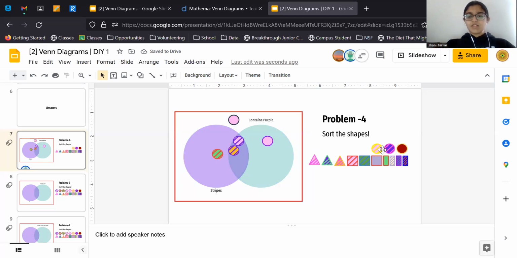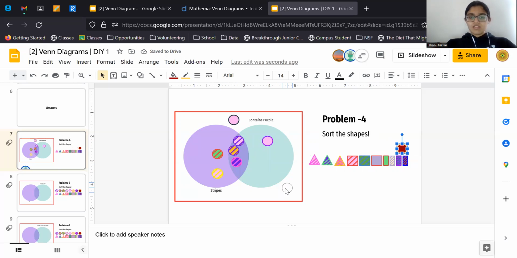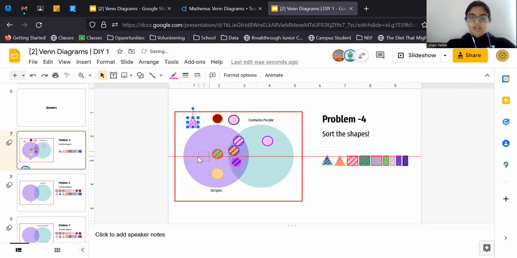Okay, so you would do the same with this. You can see that there are stripes, but it doesn't contain purple again. And then this contains stripes and purple, and so on. This has neither stripes nor purple. This has stripes and doesn't contain purple. This has purple and stripes. This has stripes. This has stripes. This has stripes.